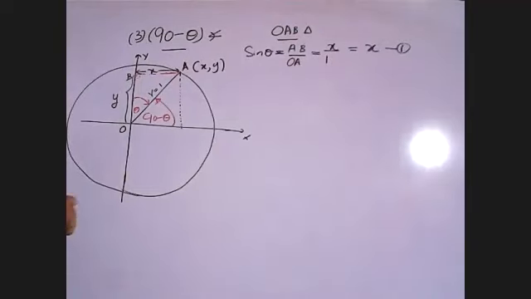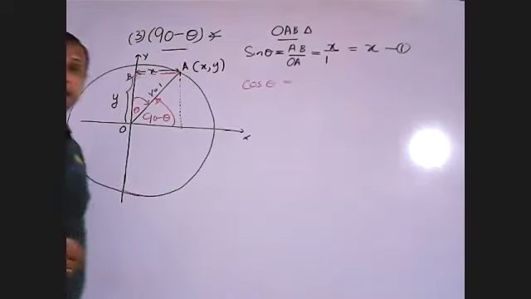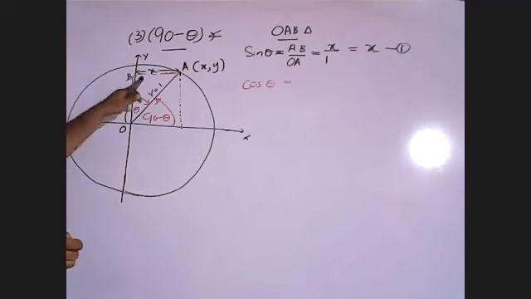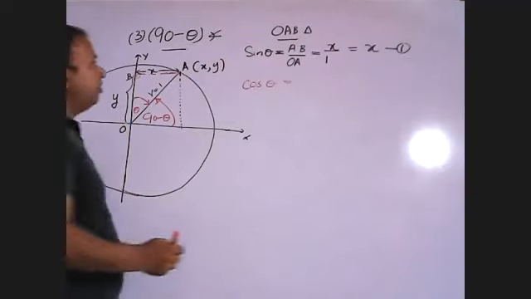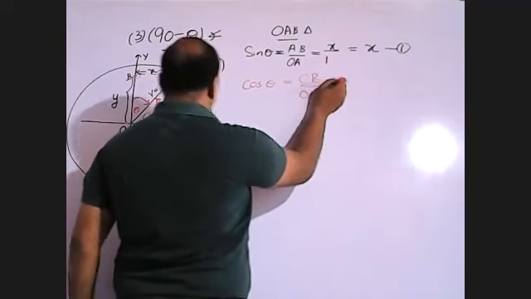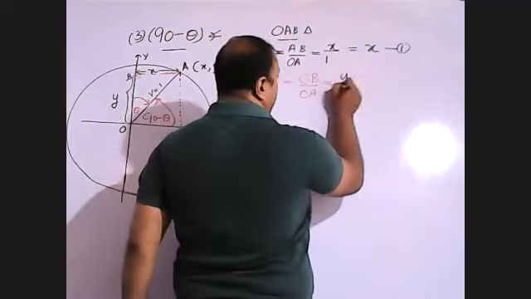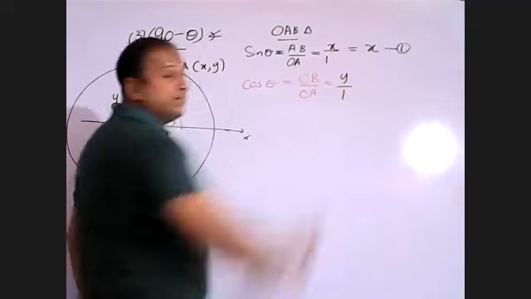This is the second one, cos theta. Cos theta should be equal to adjacent side over hypotenuse. With respect to theta, adjacent side is OB. Therefore, it is equal to OB over hypotenuse OA. OB is equal to y here, and hypotenuse is equal to 1 as this is a unit circle.